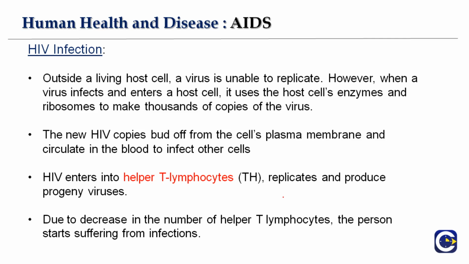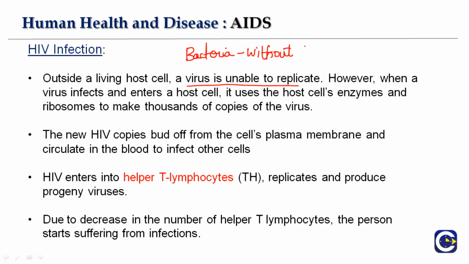So we're talking about the HIV infection in this particular page. So here they are saying that outside a living host cell, a virus is unable to replicate. If you had clearly watched my videos, you would have understood what I meant here. So as I already said, the main difference between bacteria and virus is that bacteria can survive without a host.